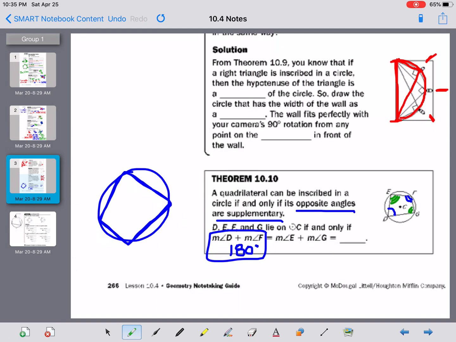When they're across from each other, those two are going to equal 180. So opposite angles in an inscribed quadrilateral will always equal 180. That is super important, and it allows us to solve all kinds of problems when we know that across from each other, inside a circle, those opposite angles will always equal 180. They do not equal each other. They could, but they usually don't.